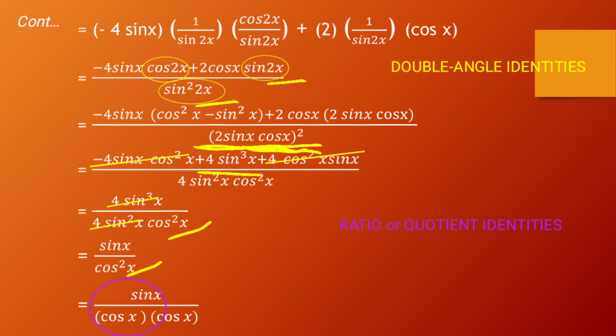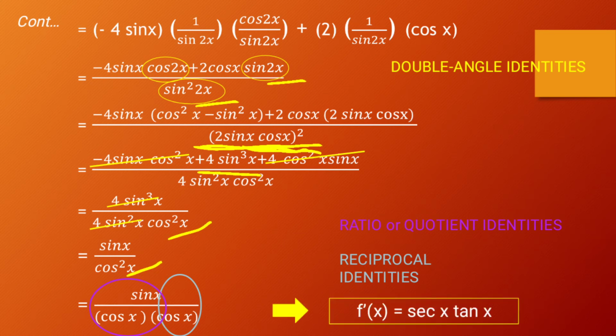And by applying the ratio or quotient identities here on sine x over cosine x, and also the reciprocal identities here on 1 over cosine x, we can get the final answer: the derivative of the given f of x is equal to 2 sine x cosecant 2x is equal to secant x tangent x.